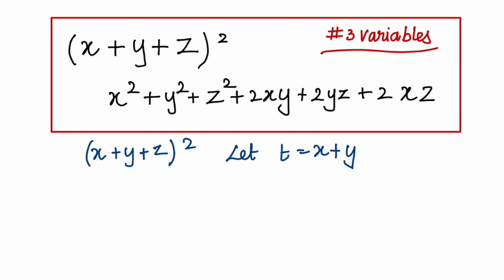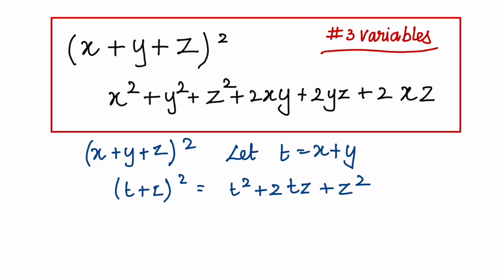This identity can then be written as (t + z)². Now (x + y)² is an identity that we already know. So using that identity, you can express this as t² + 2tz + z², because we are just applying that known identity here.